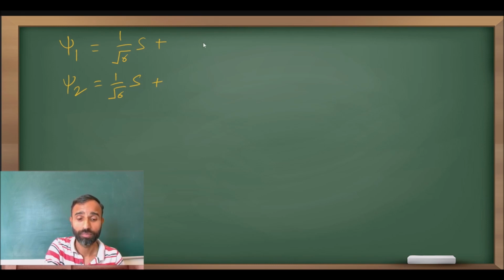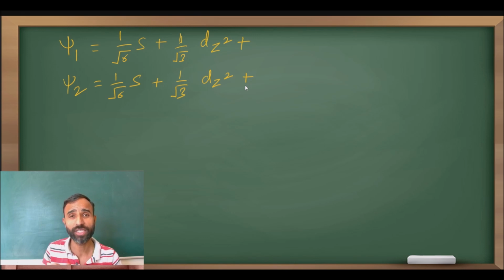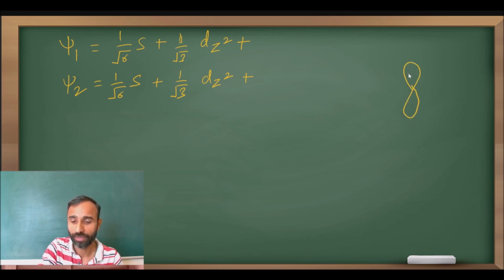And for dz square in psi 1 and psi 2, it is 1/√3 and 1/√3. Now on the z axis, p ऑर्बिटल कौन सा होगा? सबको पता है z. तो pz is on the z axis only.